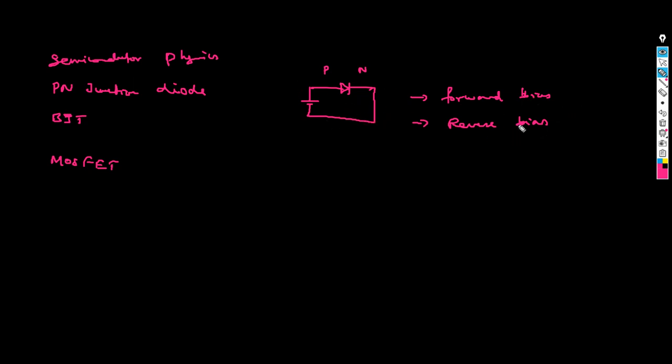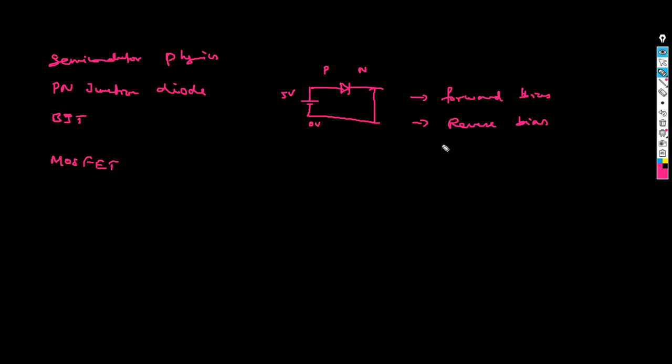Now, what is the meaning of forward bias? When you say forward bias, say one side is 5 volt and the other side is a lesser voltage, say 0 volt. In this scenario, this diode is said to be conducting. This is what we call forward bias.